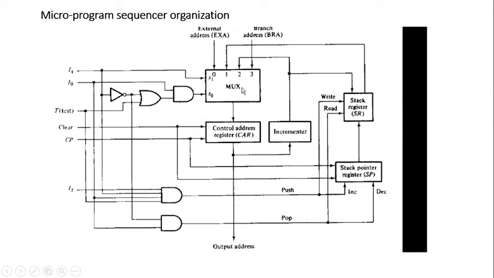That means our microinstruction contains an address field which is not the next sequential microinstruction, or we want to jump to a different location from where we get the microinstruction to be executed next. That is the meaning of this branch. So whenever this multiplexer chooses this third input, it performs a branching operation.